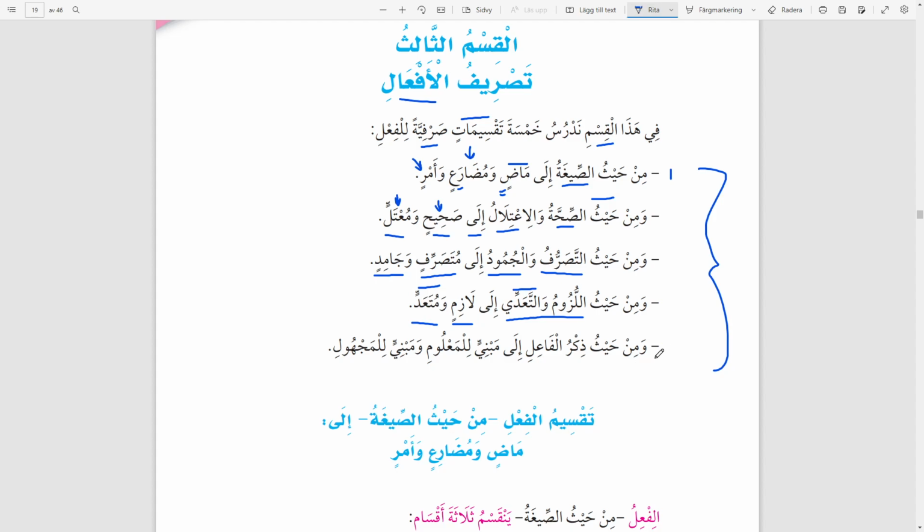ومن حيث, the fifth one, من حيث ذكر الفاعل إلى مبني للمعلوم ومبني للمجهول. So this is about the active and passive verb types, or expressions of a verb.